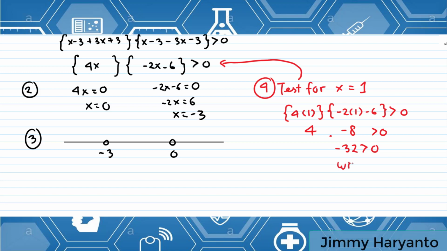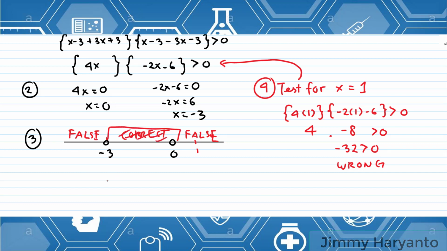Because it is wrong, for x equals 1, where is 1? Right here. The area is false. And for this area, it will be correct. And this area will be false. Shade the correct one, this one.